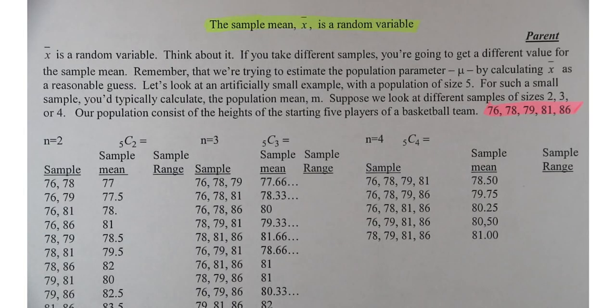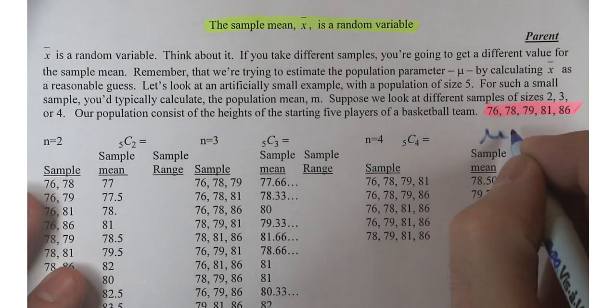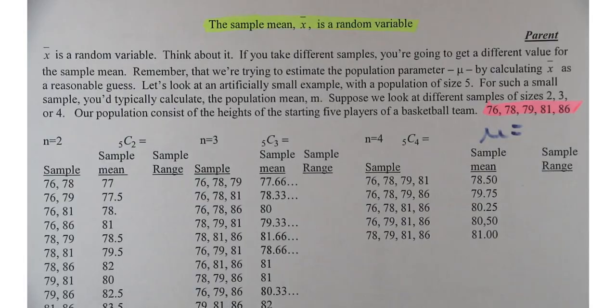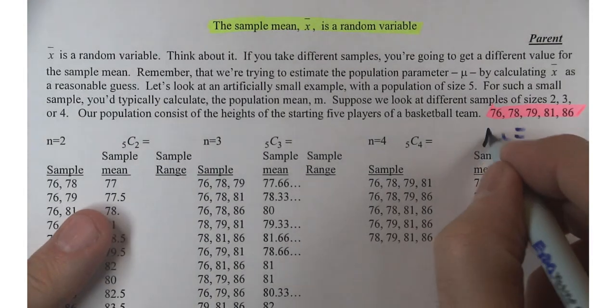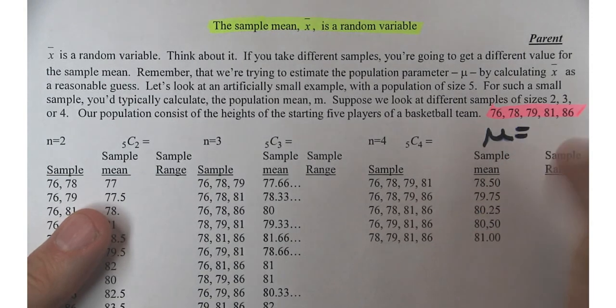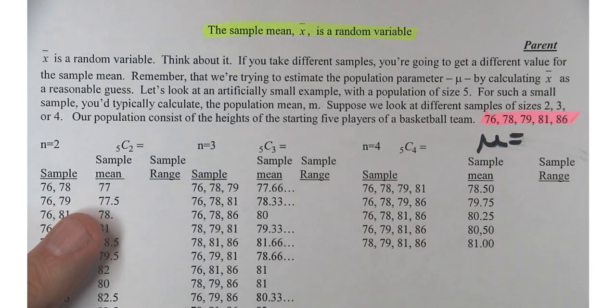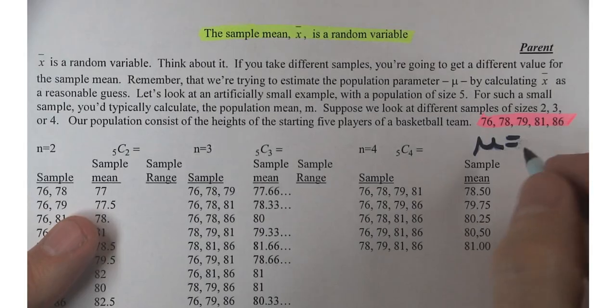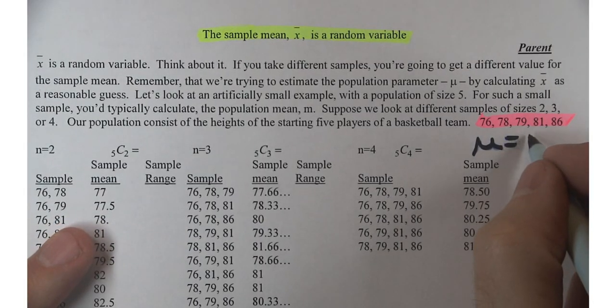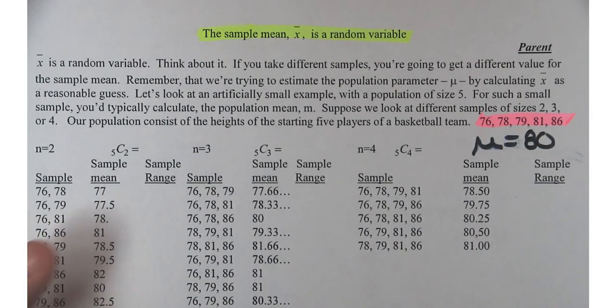It would be the mean, so mu in this case. Why am I using mu and not X bar? Because you got all the data. This is the population parameter. It's not a sample statistic. So mu, the average height here of people on this team, is 80.